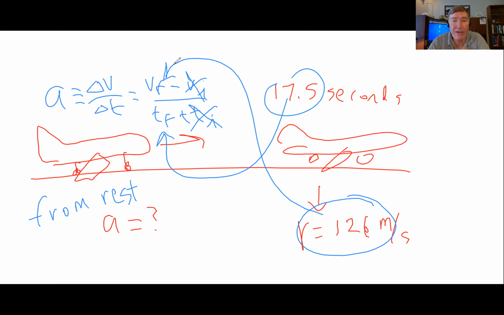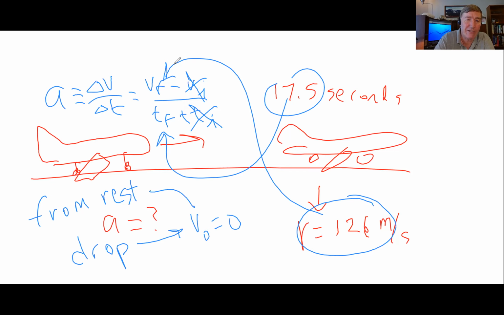It's like when if I drop a rock as opposed to throwing a rock, if you hear me use the word drop, that means v initial equals 0. Just like if I say from rest, that means v initial equals 0.